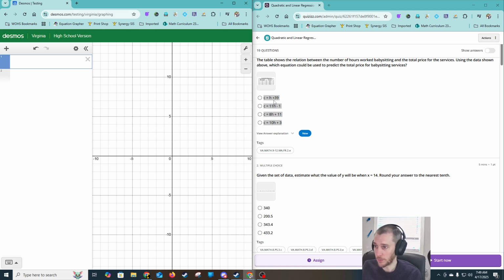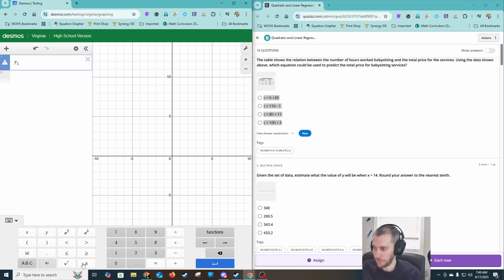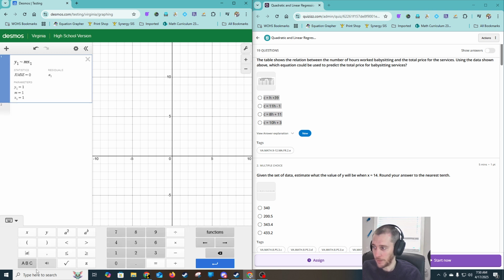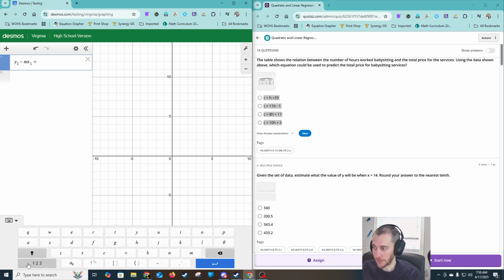So we're also going to set up y1 in the same way, but instead of the approximately ax squared plus bx plus c, we're going to do mx plus b because this is a line. So mx, we still have to say x1 plus b.